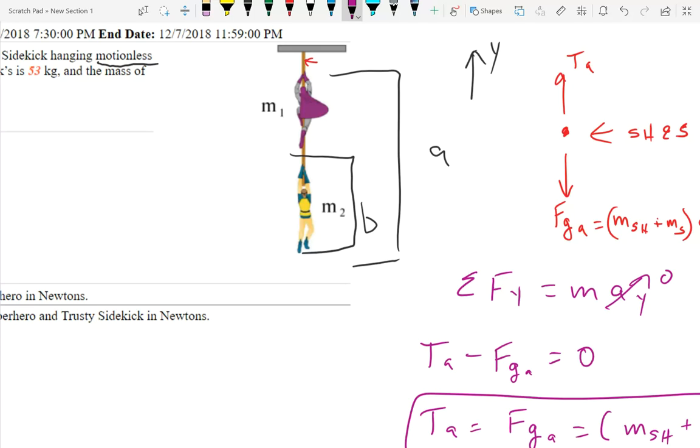What direction is the rope putting a force on the trusty sidekick? There's only two conceivable answers. That's not it. The rope is pulling the trusty sidekick up, keeping him from falling down.